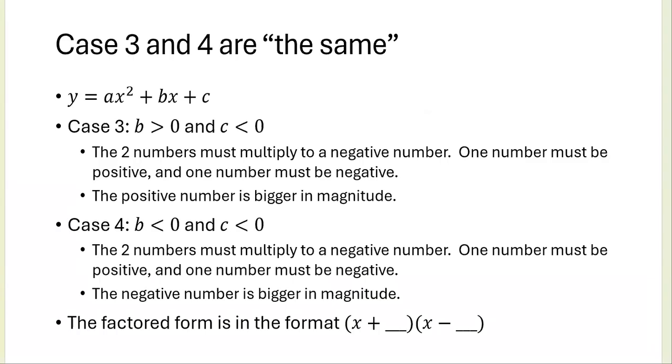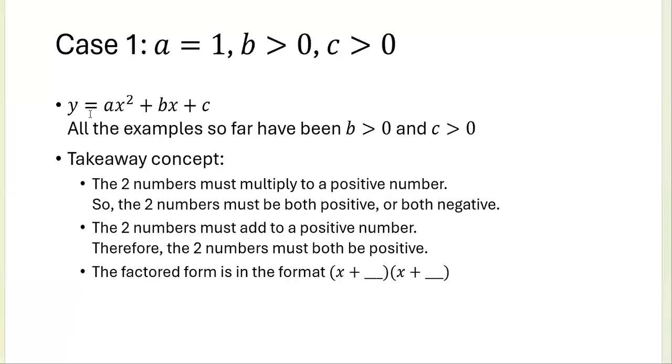So actually, before that, let's quickly review the concepts that I wanted to impart in case 1 and 2. Remember, if you came from that video, because C is positive and the two numbers need to multiply to a positive number, that means both numbers must be positive or both numbers must be negative. And because the sum of the two numbers is positive, the two numbers have to be positive.